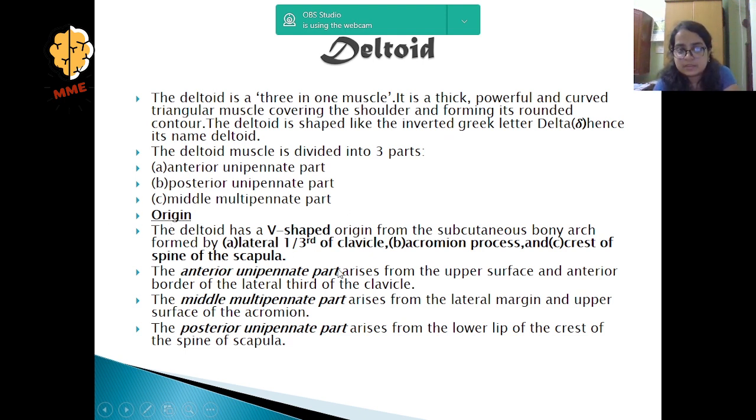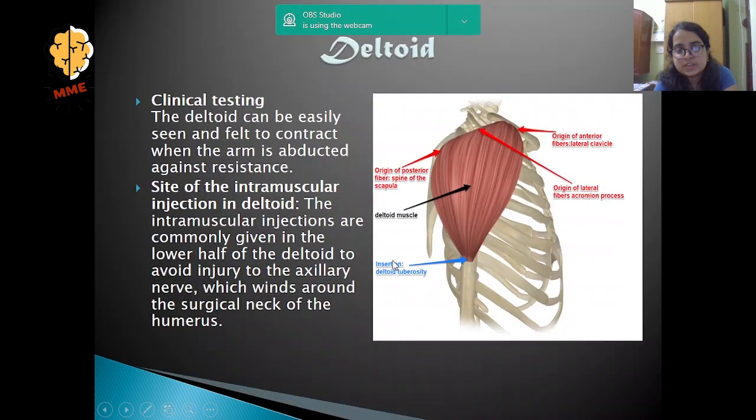Origin. The deltoid has a V-shaped origin from the subcutaneous bony arch formed by the lateral one-third of the clavicle, the acromion process, and the crest of the spine of the scapula. I'll just see if there is a diagram here.